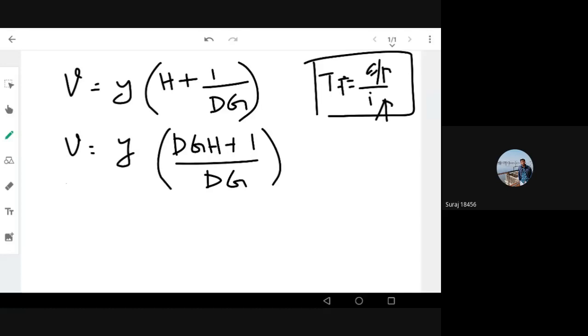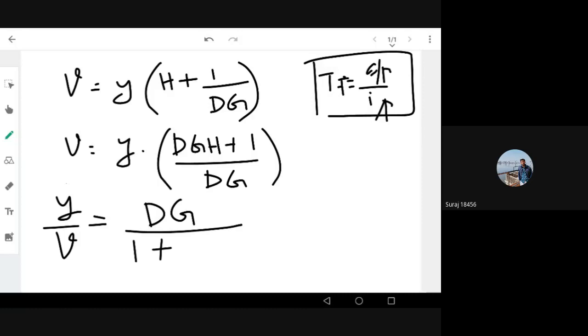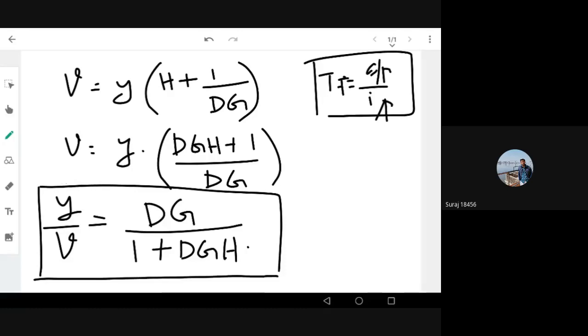So now Y by V will be DG divided by 1 plus DG into H. So this is the overall transfer function of the closed loop we are discussing.